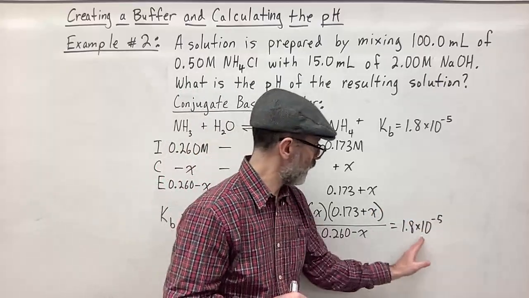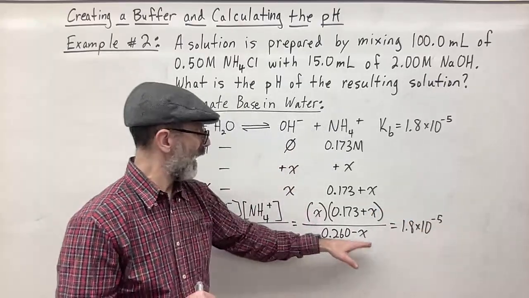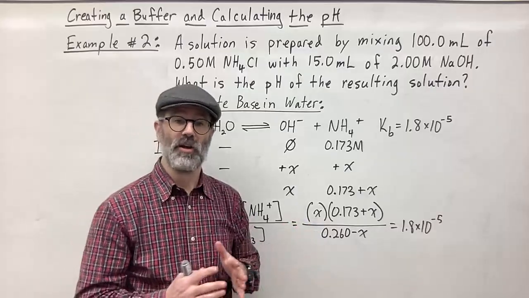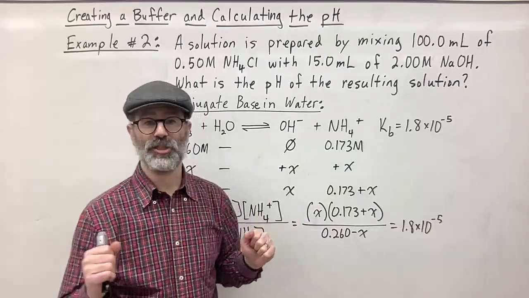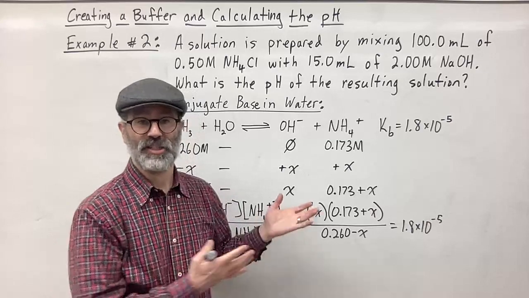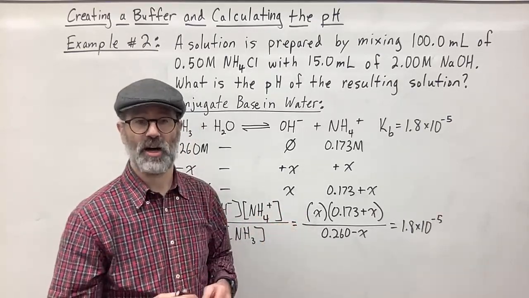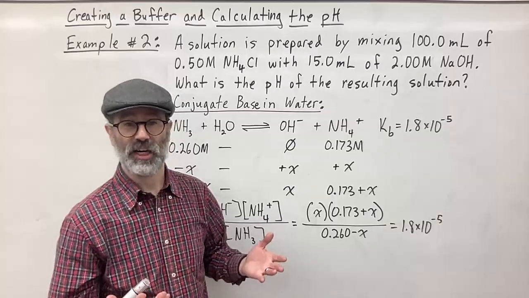So the difference between the K value here and the initial concentrations is a factor of 10,000, which is a very large difference. And so in that case, you can say the 5% rule is most likely going to be valid here.